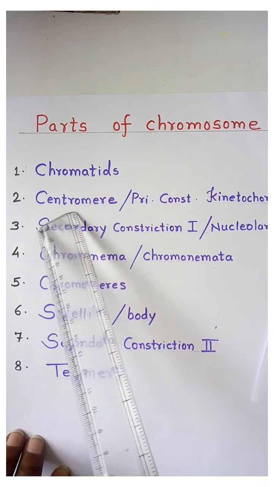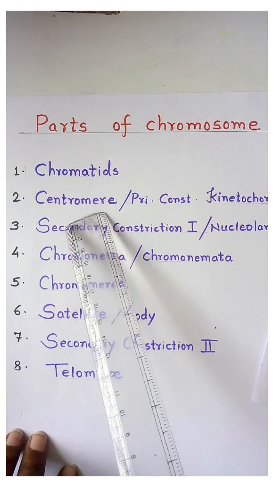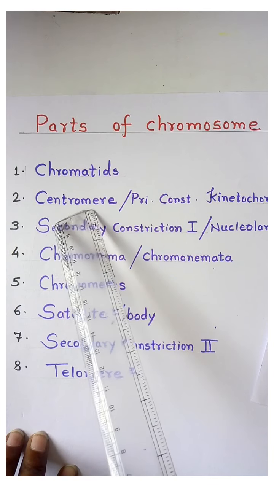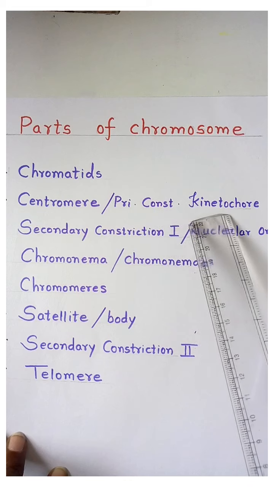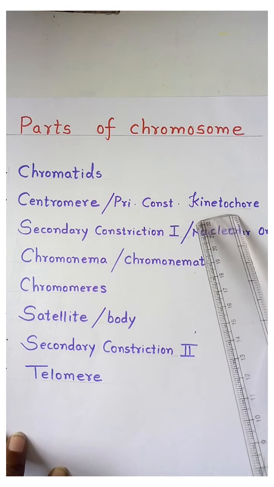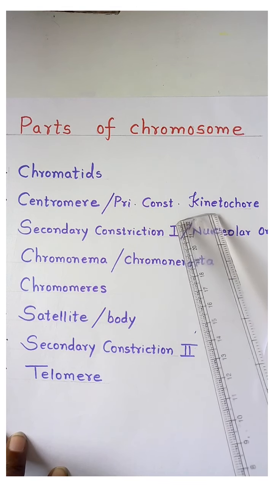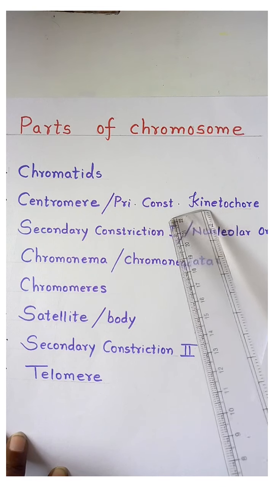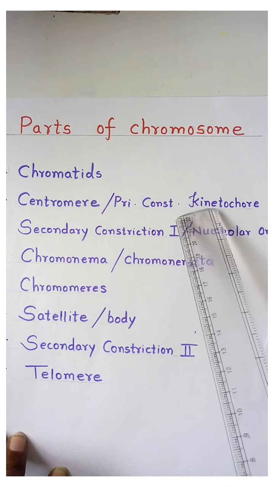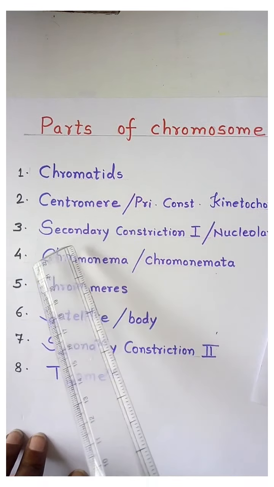Centromere. Centromere is a part of the chromosome which helps to join the chromatids, and it consists of a disc-like plate called kinetochore. And the most important role of this kinetochore is that spindle fibers are attached at kinetochore during the process of cell division.